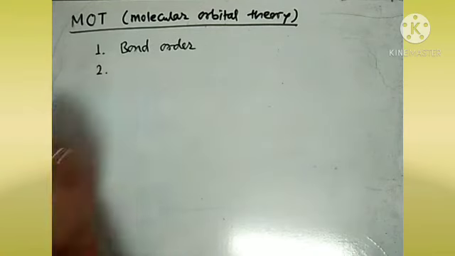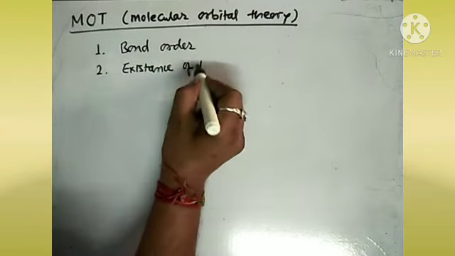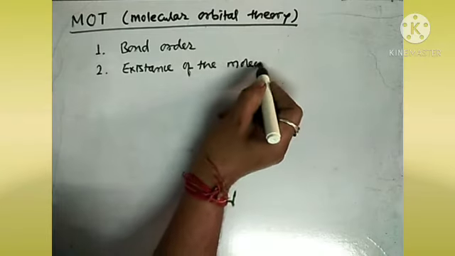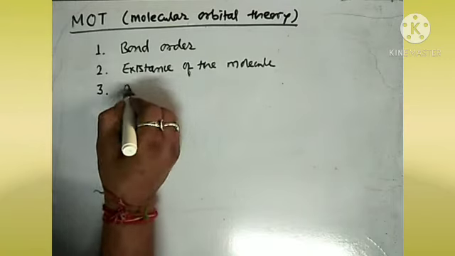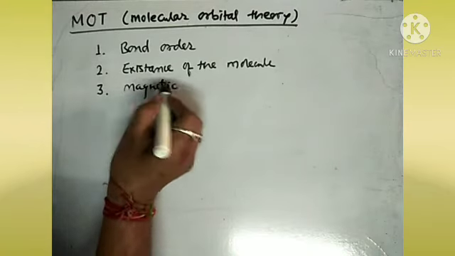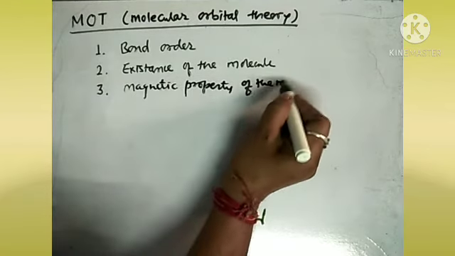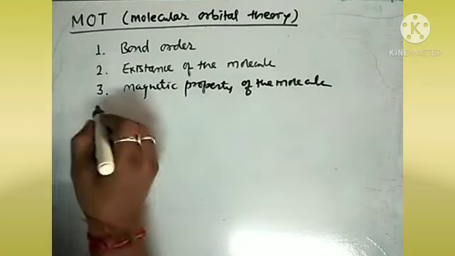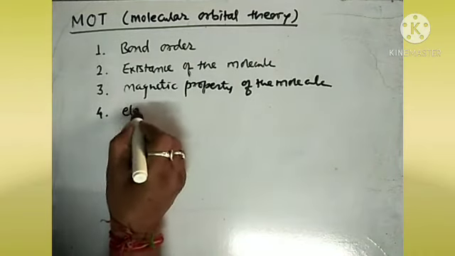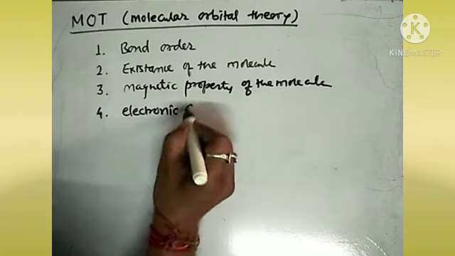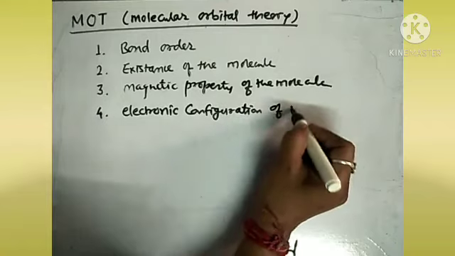The next one, that is existence of the molecule, and the third one, which is called the magnetic property of the molecule, and the fourth one, which is called the electronic configuration of molecule.